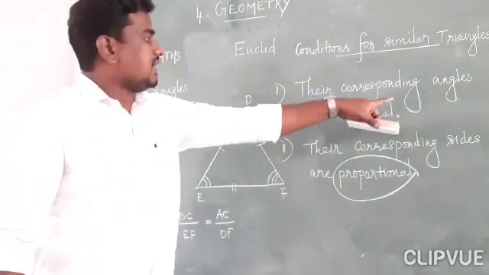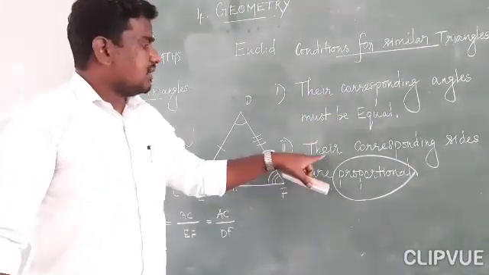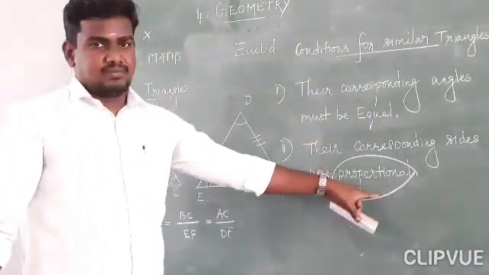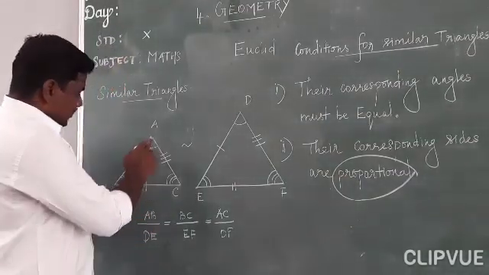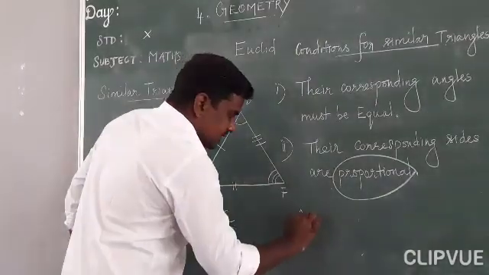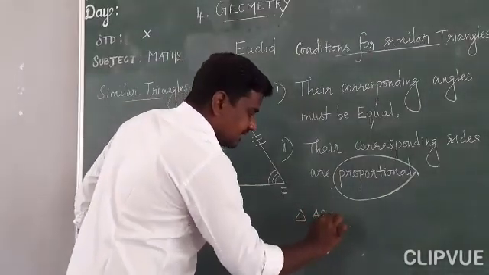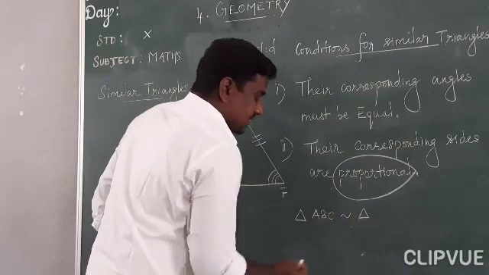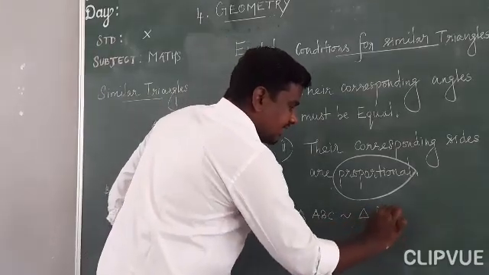First one, corresponding angles must be equal. Second one, their corresponding sides are proportional. So next step: triangle ABC is similar to triangle DEF.